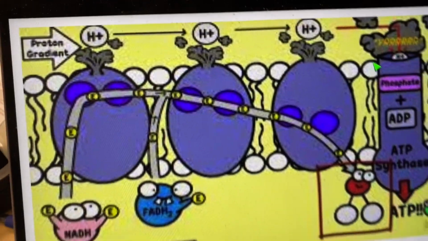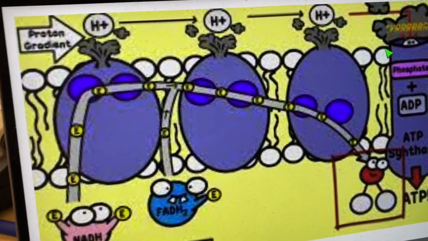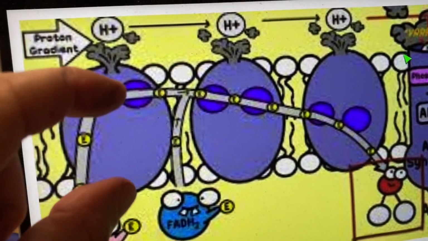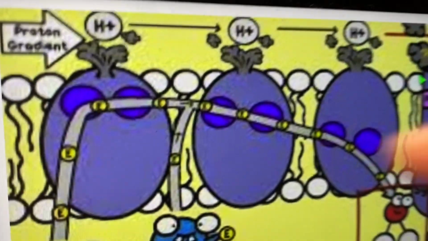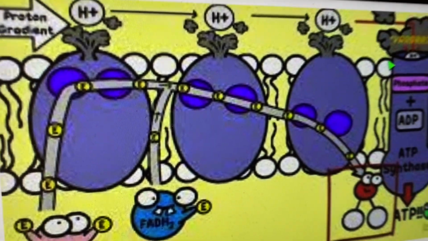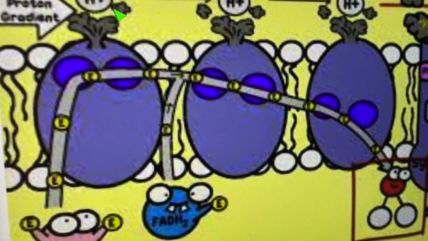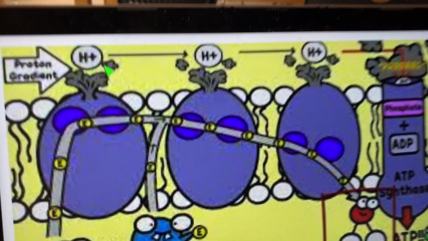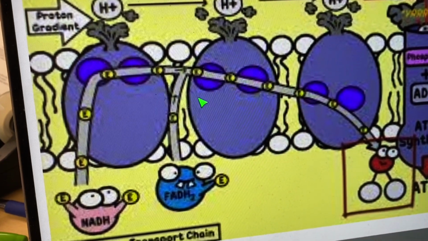Go to step 3. Here's where the real money comes in. Step 3 is called the electron transport chain, and it happens in the membrane. You can see the phospholipids here on the membrane, and the embedded proteins in the inner membrane of the mitochondria, and it basically passes electrons from enzyme to enzyme to enzyme to enzyme, and they change shape, and that generates ATP molecules.